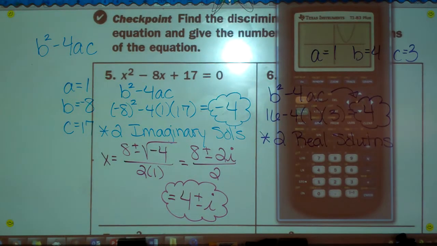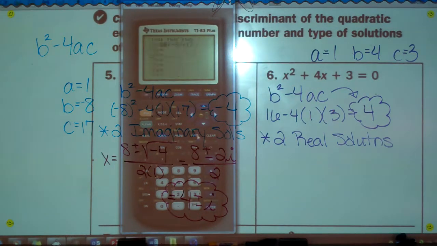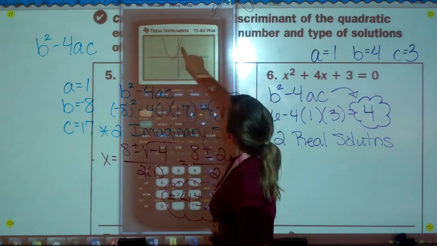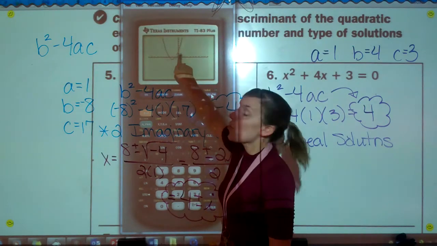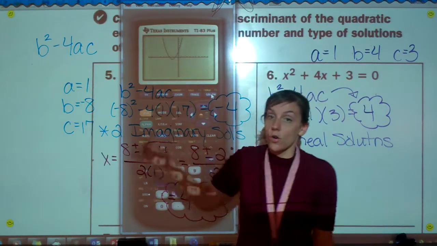So y equals x squared plus 4x plus 3. It's a lot of what we talked about last unit, and if you notice, it crosses twice, so those are the two real solutions where we're seeing it cross.